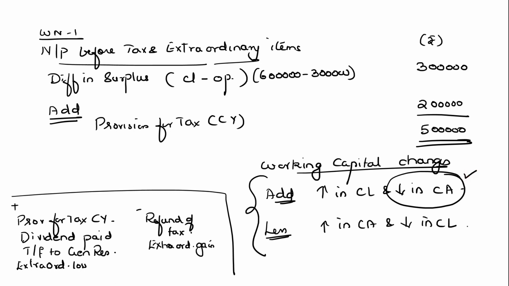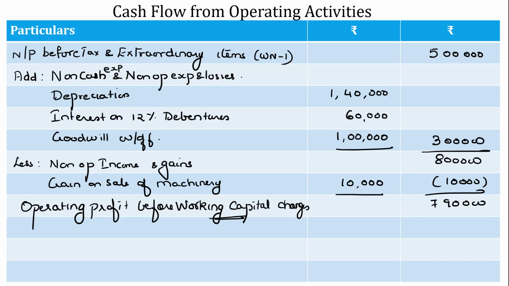So all you have to do is remember one thing, and the rest you can decode if you're not able to remember all of them. Now in our example, what has happened? The inventory was 1,30,000, it increased to 2,60,000. So it's an increase in current asset of 1,30,000. So it's a subtract. So here we will have less: increase in inventories.